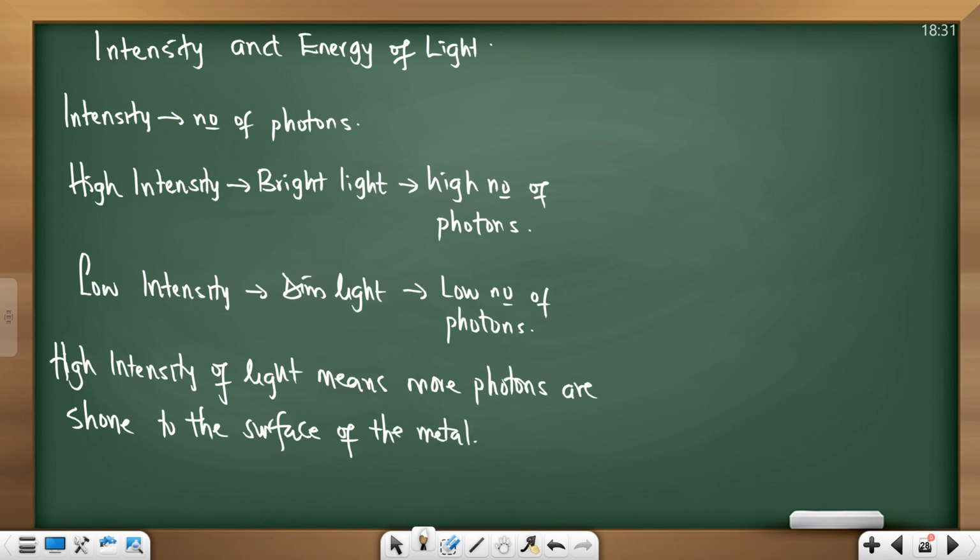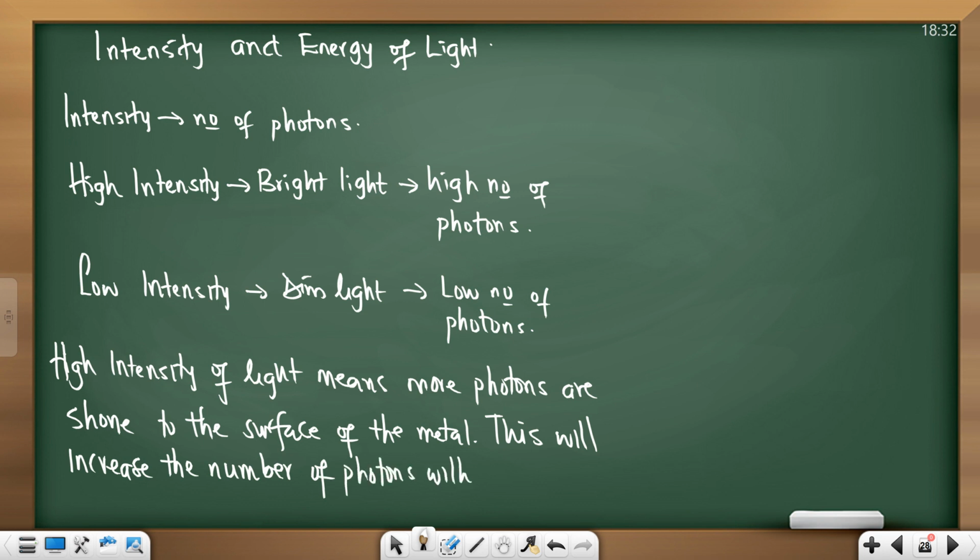And what is the impact of this? This will increase the number of photons. The number of photons with the same kinetic energy.